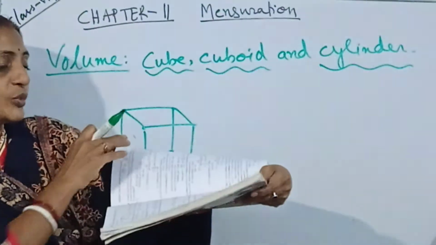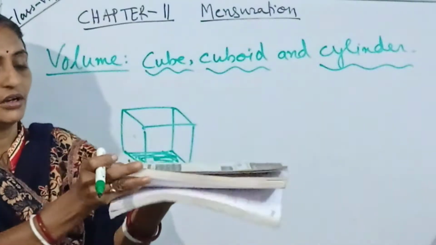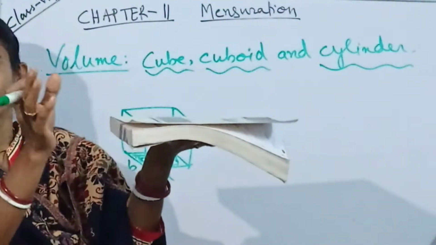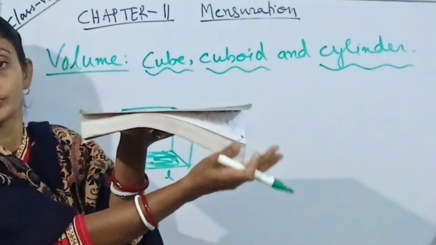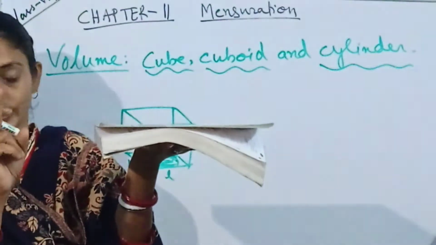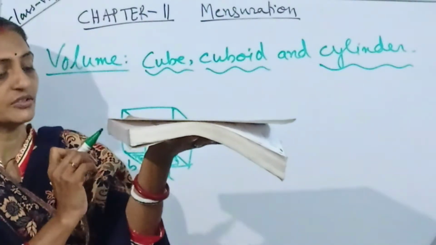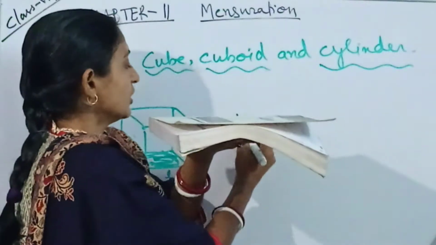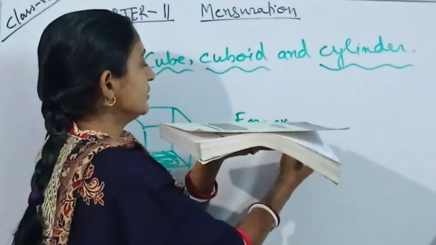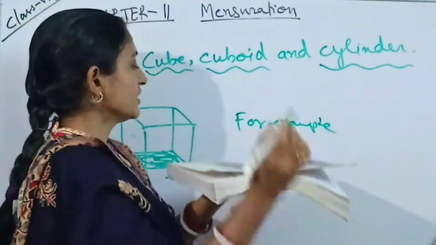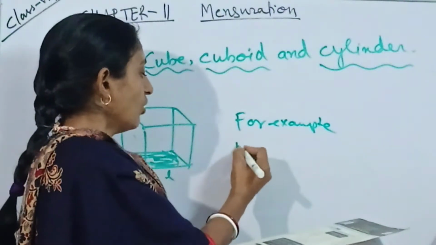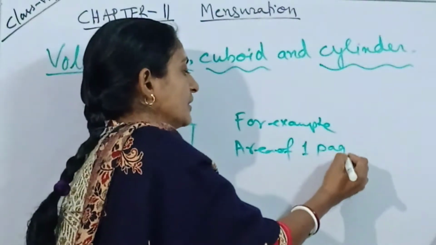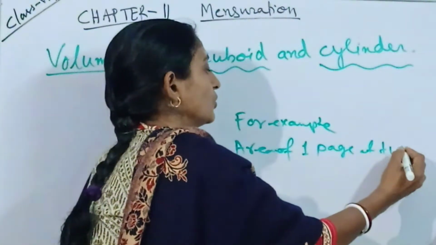After that, I get a certain height. When I talk about the base part, that rectangular part, that is the first page, let its area be, for example, the area of one page of this book.